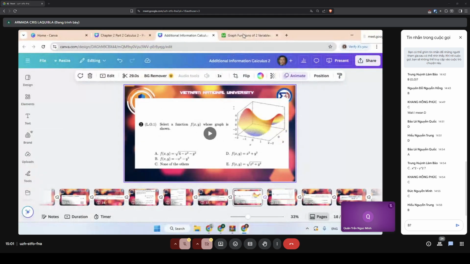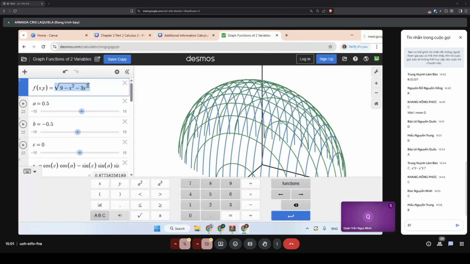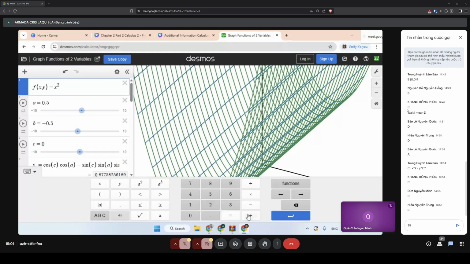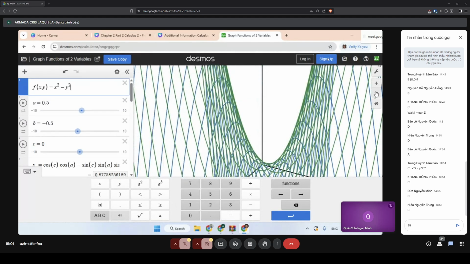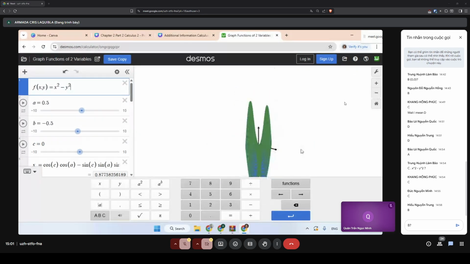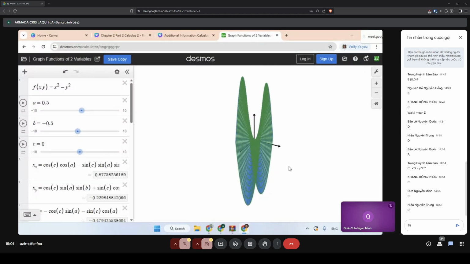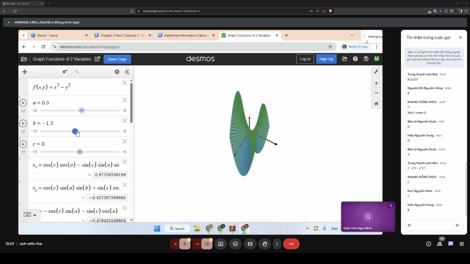Now to graph that, you have this one, right? You try it, x squared minus y squared. If the graph is the same, you will see that it's not the same graph. By the way, it's the same, class. Wait, I will just rotate it.